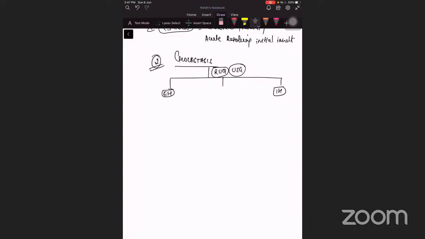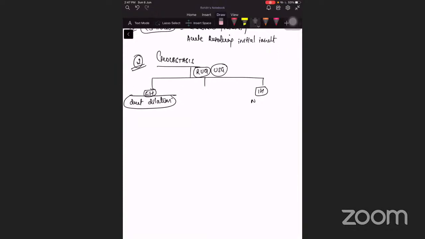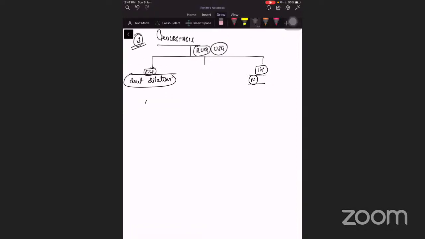So if the ducts are dilated, if there is a ductal dilatation, then we think of more of an extrahepatic cause. Whereas in case it is normal, we think mostly of an intrahepatic cause. So in cholestasis, very important is to know that the ALP and GGT is going to be elevated.